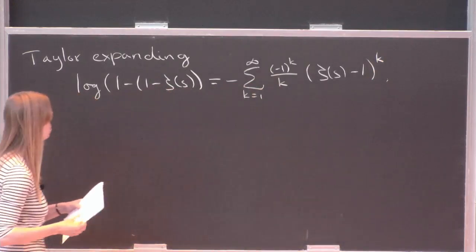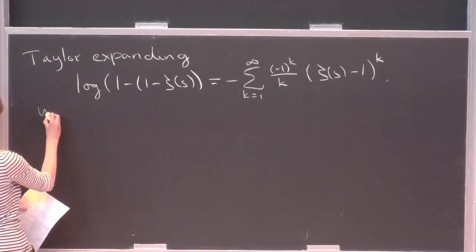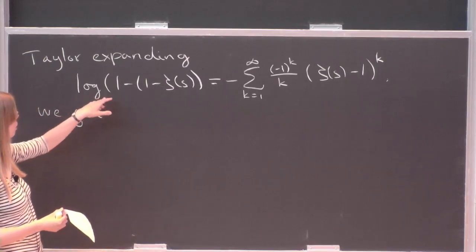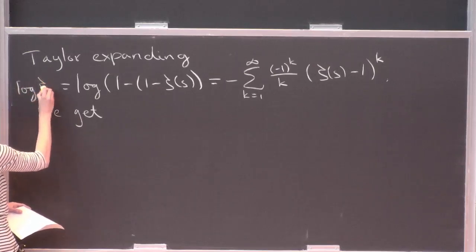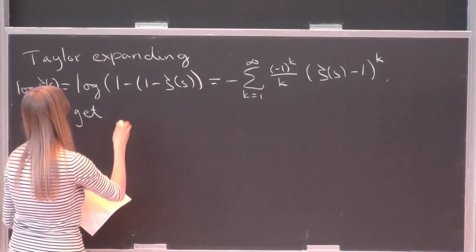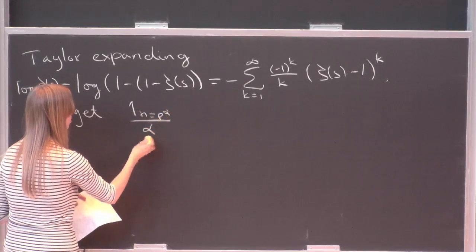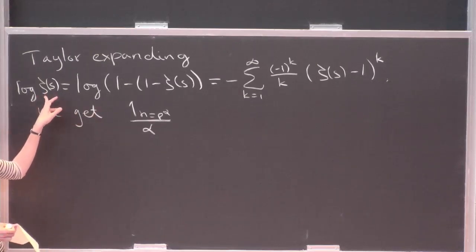Then if we compare the coefficients of the Dirichlet series on both sides, on the left-hand side we have log of zeta, which is closely related to the primes. The coefficients are 1 at powers of primes and 0 otherwise, or not quite: the coefficient is 1 over alpha if we have an alpha-th power of a prime. This is the Dirichlet series coefficients of the left-hand side.